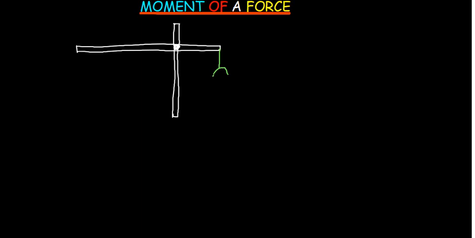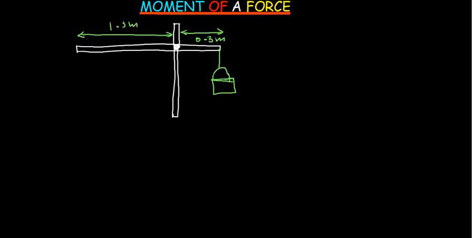Let's say there is a bucket there at the end. And then the distance that we've been given from the end here up to where this pole is, that is 0.3 meters. And then also the distance from here up to the very end there is also given as 1.5 meters.